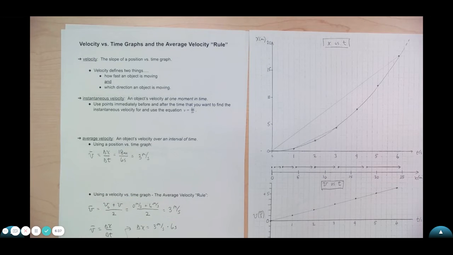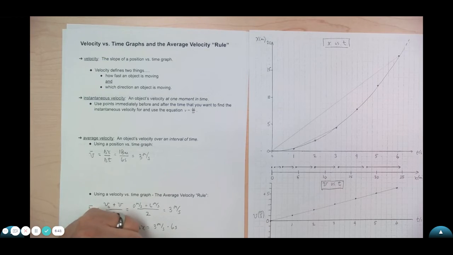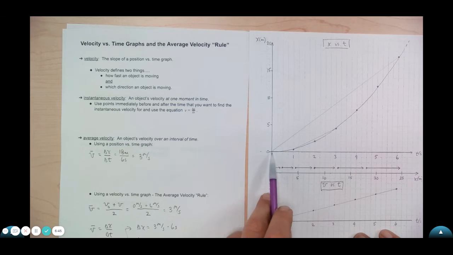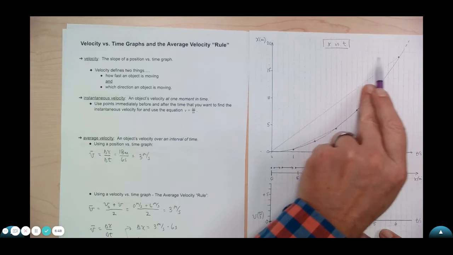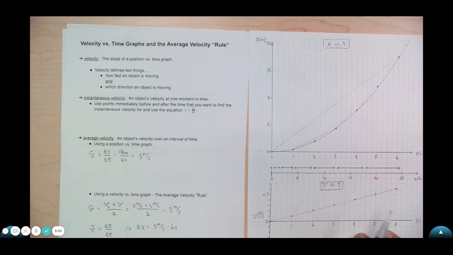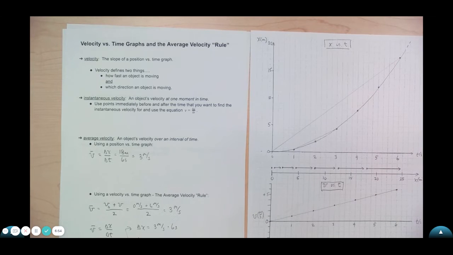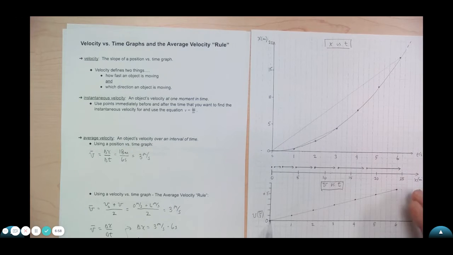So according to this, my displacement using the average velocity rule should be 18 meters, which if you look back up here, the thing indeed had gone 18 meters by the time it hit 6 seconds. This is a really handy idea. It takes a complicated motion, like accelerated motion, and turns it into a more simple one.